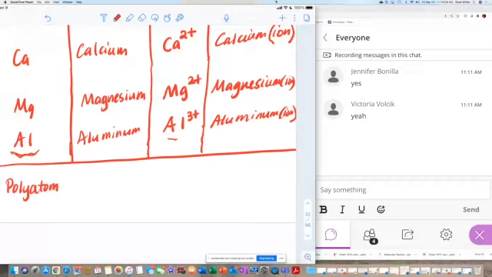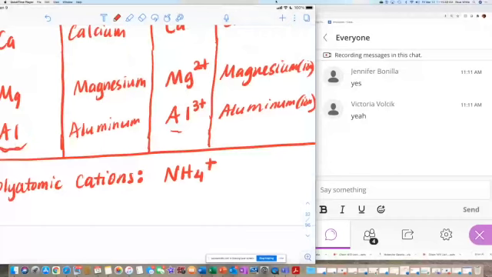There are not many. For these, I would say for you guys, what you have to remember is ammonium, NH4. See, these are positive ions, but they're made up of more than one element. You notice that this time the elements are not metals, right? So these are the ones that break the rule. They are cations, positive ions, but they're not made from metals.